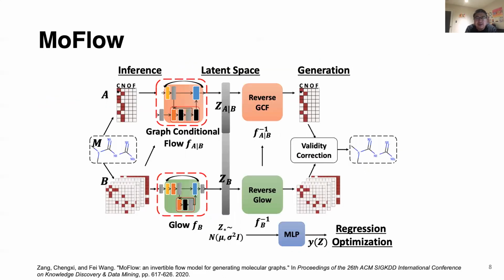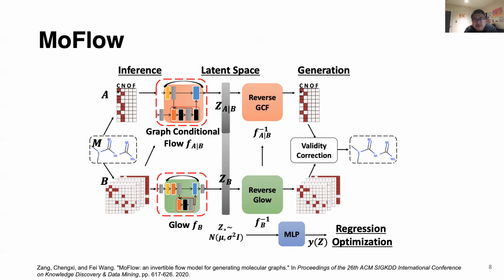In my postdoc we have also designed an algorithm called MoFlow, which uses normalizing flow models for molecule design. And the pipeline of our model is shown in this figure. A molecular graph M is represented by a feature matrix A for atoms and adjacency tensors B for bonds.